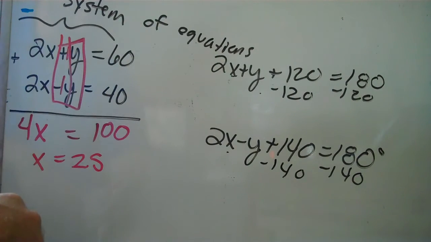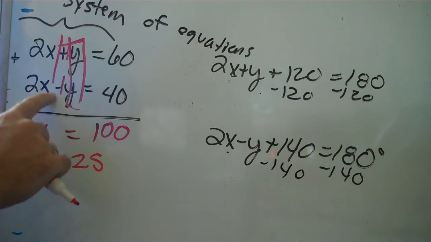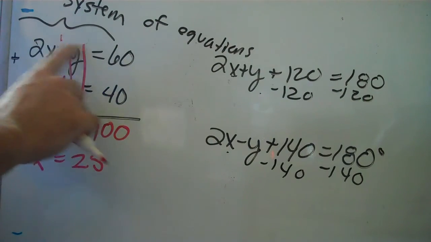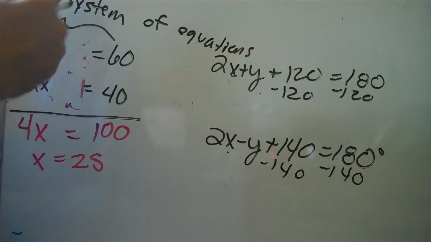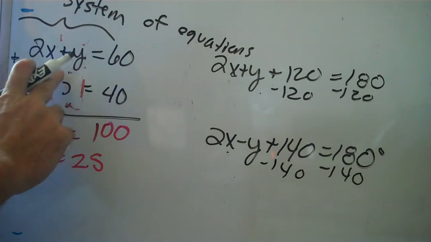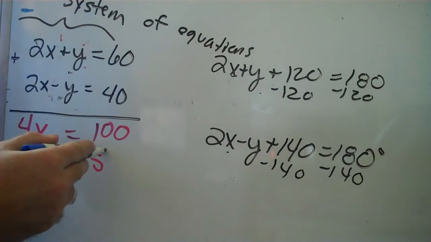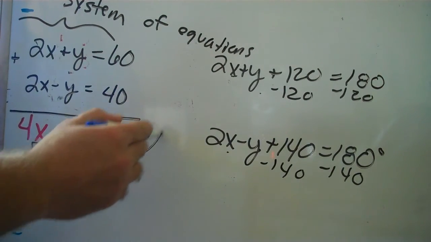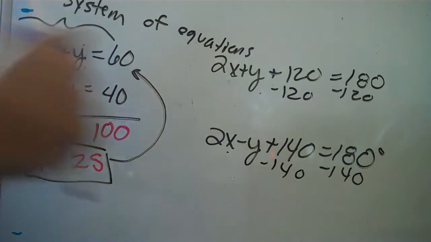Now once I know x is 25, I can come back up to one of these equations up here, and I'll go back up into that first one, which was 2x plus y. Once I know x is 25, I can replace that into that equation and go ahead and solve for y then.